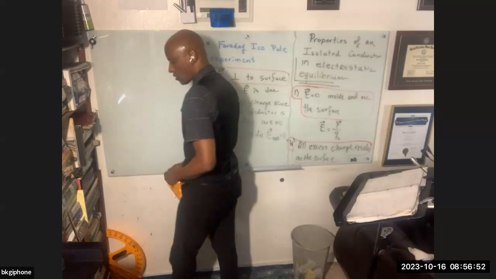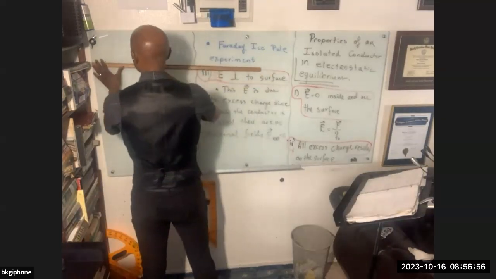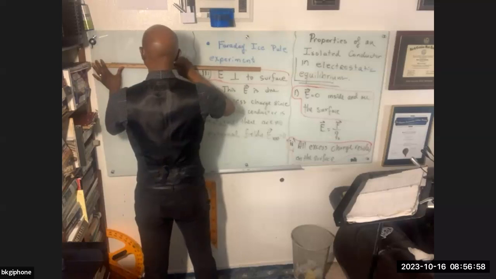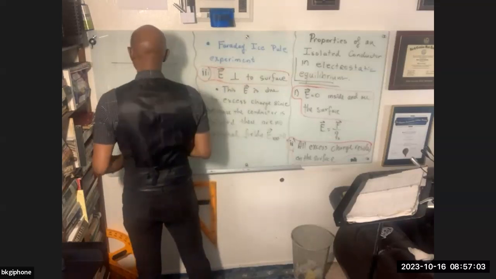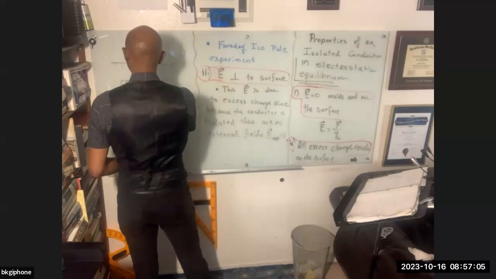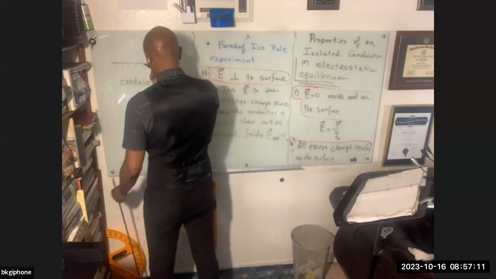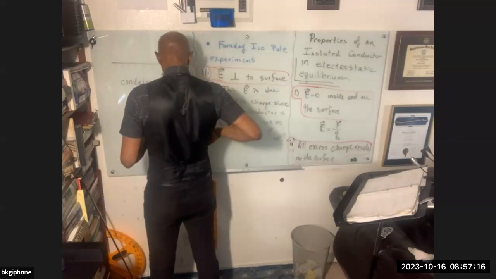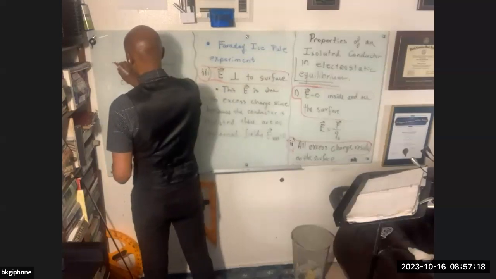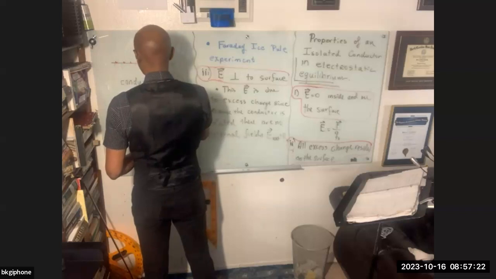So say we have some charge here. Let's say this is the surface of the conductor here. This is a conductor, and this is the inside of the conductor, I guess. So maybe we've got some positive excess charge on the surface here.